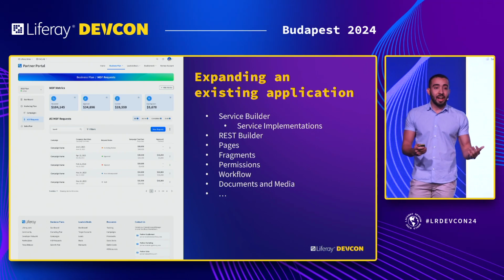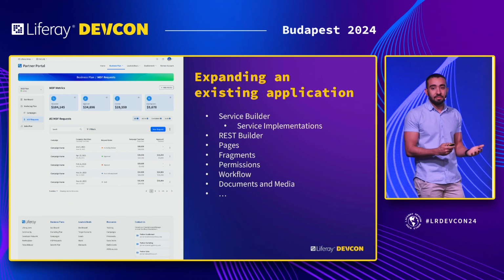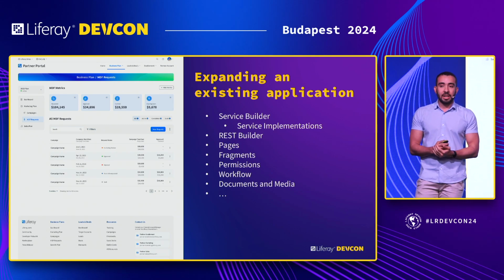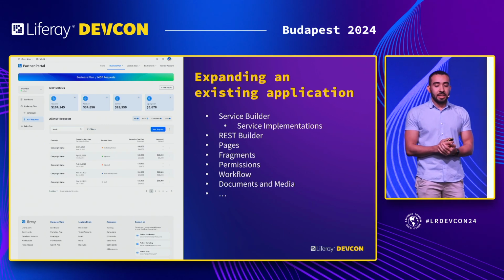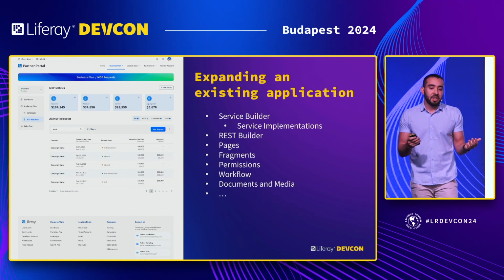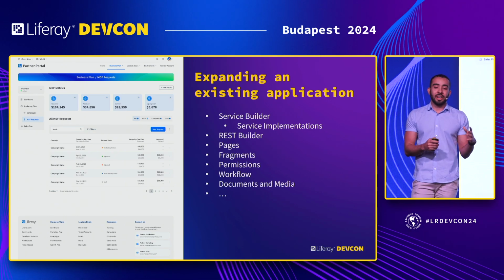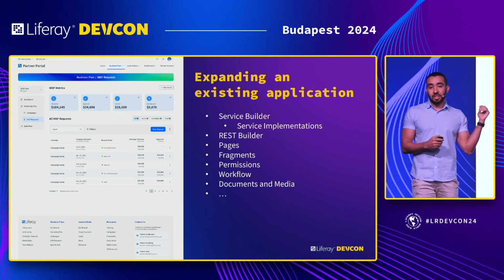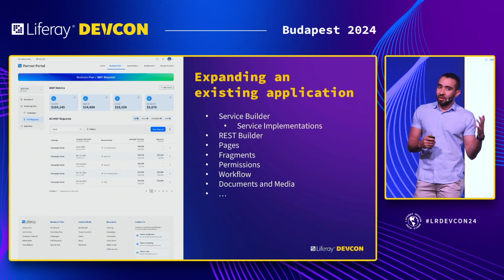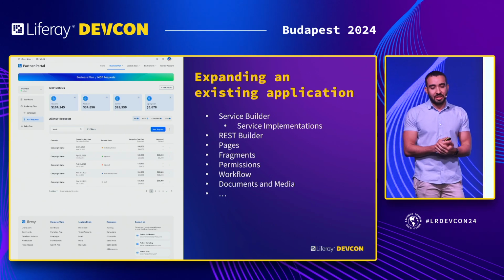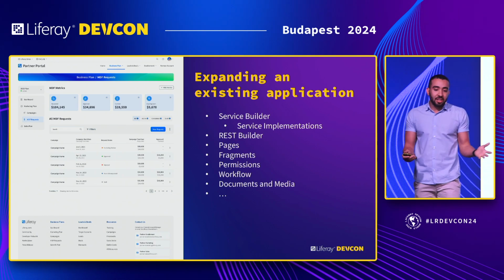Maybe we already have a project running in production, and you need to expand it. So I already have pages, sites. I already have entities built with Service Builder. I already have local services with my business logic.